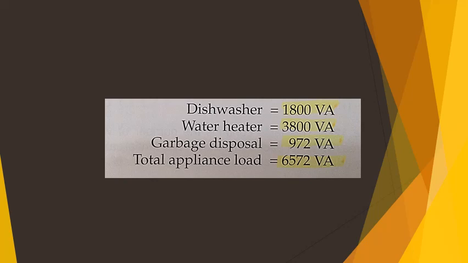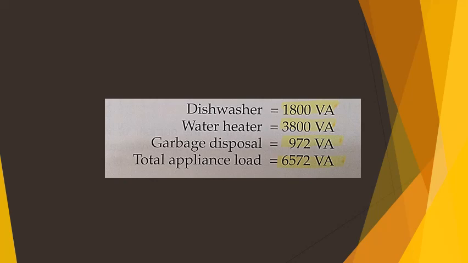This category of appliances does not include electric ranges, clothes dryers, space heating equipment, or air conditioning equipment. For example, dishwasher equals 1800 VAs, water heater equals 3800 VAs, garbage disposal equals 972 VAs, and the total appliance load would be, in this case, 6572 VAs.